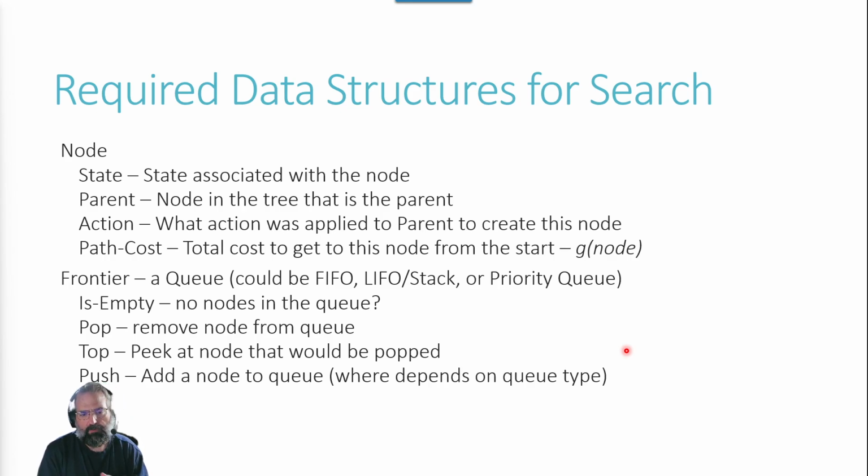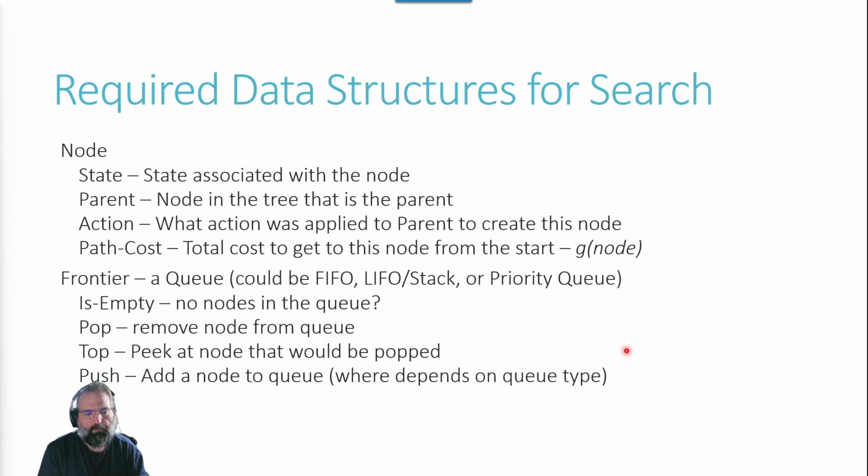A frontier may be a queue. So it could be some sort of FIFO, LIFO stack, or priority queue. If it's got nodes in it, then you're not finished, right? If it's empty, then there are no nodes in the queue. You're probably done, or you haven't started, one of the two, depending upon how it's seeded.